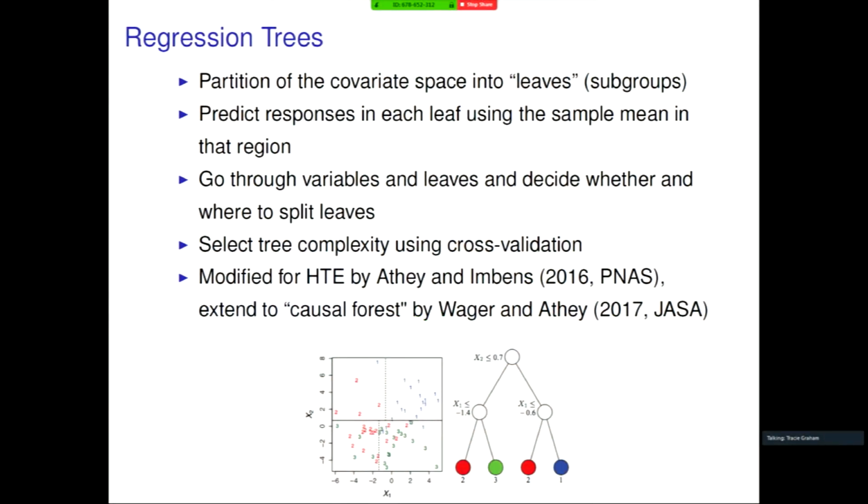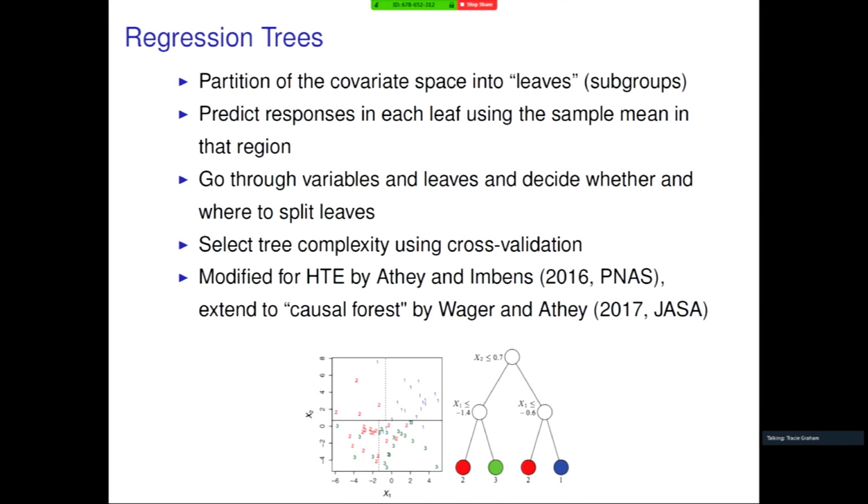Remember, I will skip the penalized regression because I think it is easier to understand. So the tree is the first method I get to. In the original form, instead of building a regression of the form y equals x times beta, you partition the covariate space into leaves, essentially into subgroups.